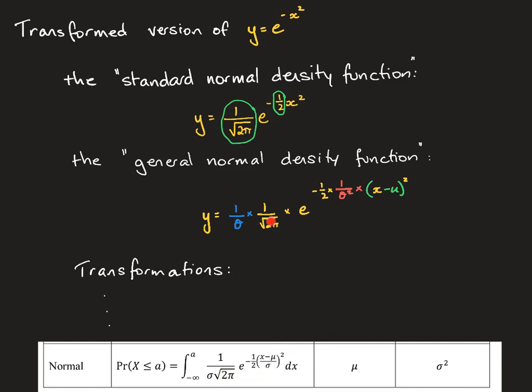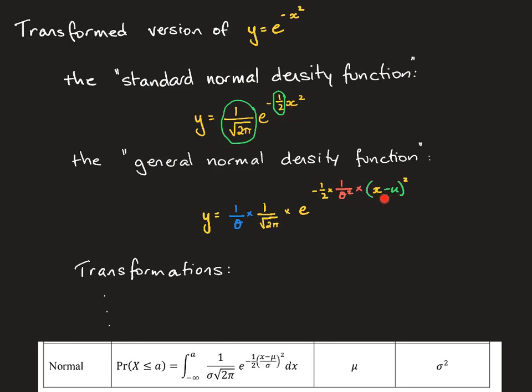So you can see in yellow that we've still got the standard normal distribution, but if we've got a different mean and a different standard deviation for our normal distribution, they do in fact act as transformations to this original function. So the mean is up here, and in this formula we've replaced x with x minus mu.